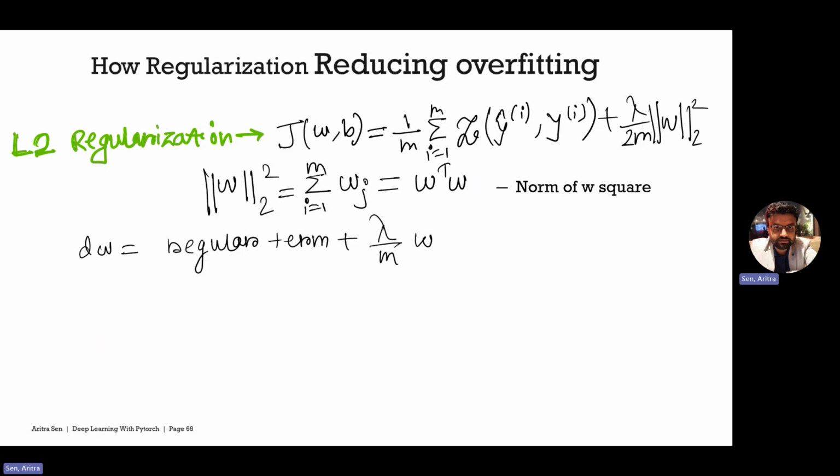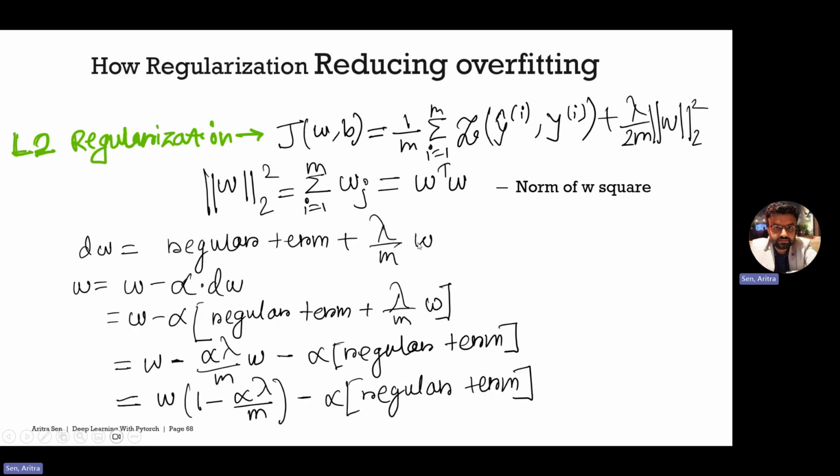When you are using regularization in the model, your dW would be the regular term, which is the gradient of the loss function with respect to the weight, plus the derivative of the regularization part, which comes out as lambda by m multiplied by W. Now, if we do the weight optimization, you can replace dW with this whole term, and if you do the math, you will see your W is getting multiplied by a term which is 1 minus learning rate times lambda divided by m. So this is getting subtracted.